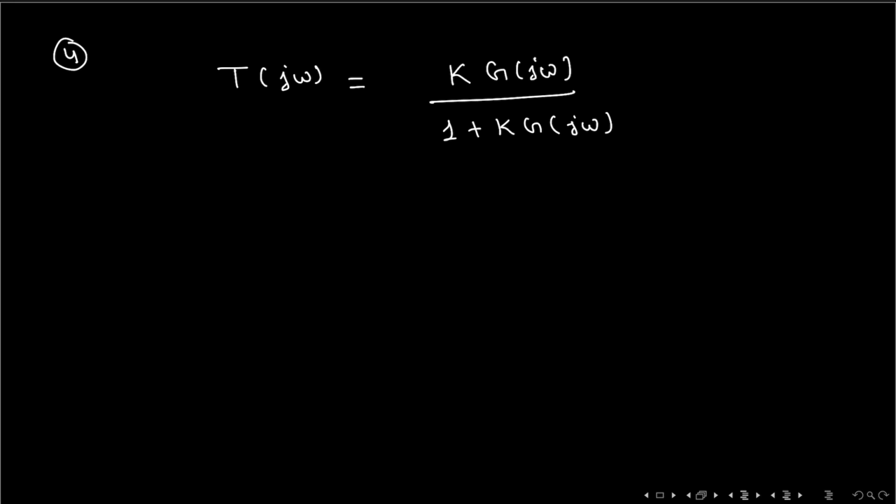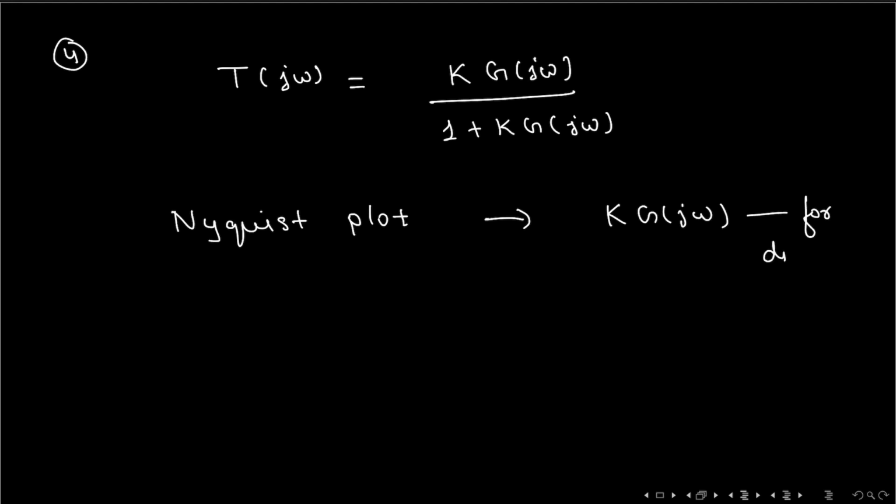From the Nyquist plot we can easily get the value of k g j omega for different values of omega.